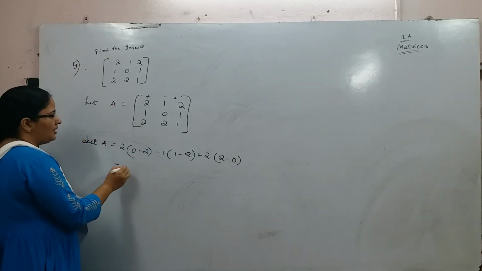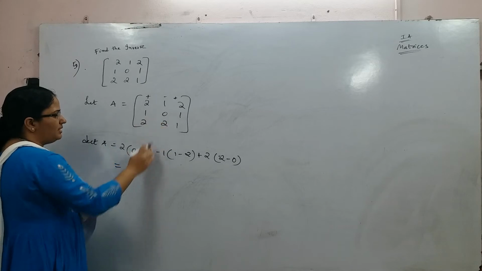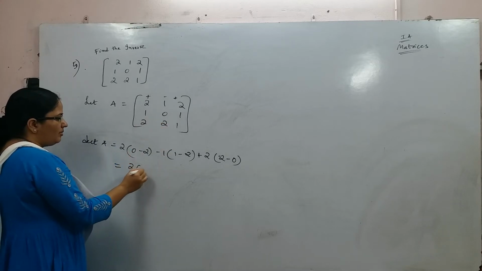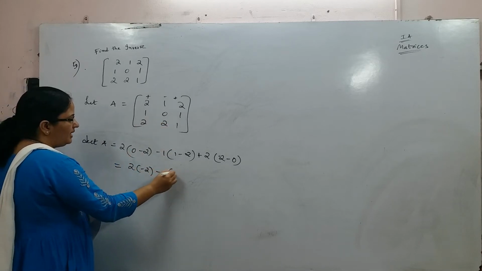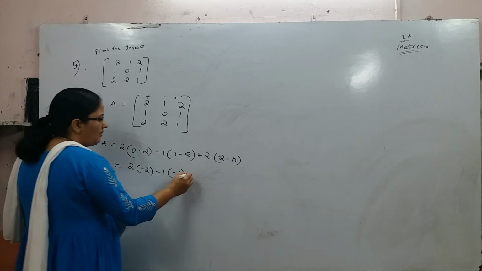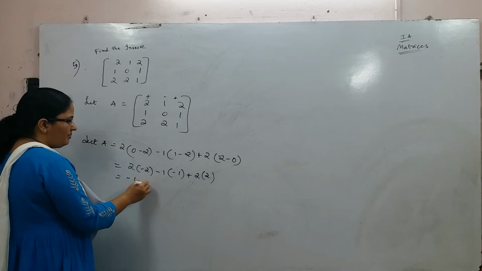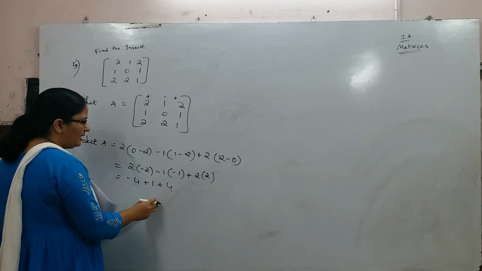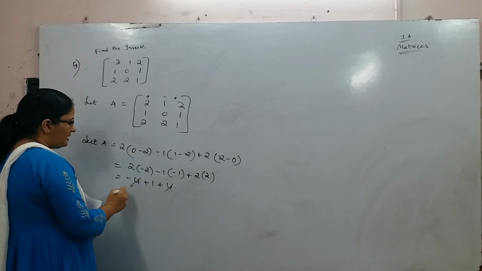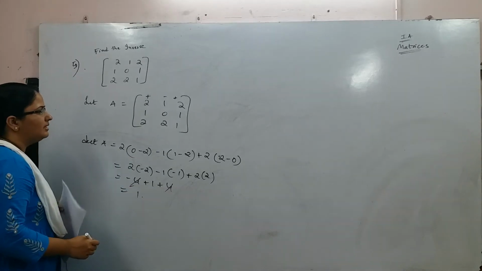That is 2 into minus 2, minus 1 into minus 1, plus 2 into 2. This is minus 4 plus 1 plus 4. Plus 4 minus 4 cancel. Determinant of A is 1.